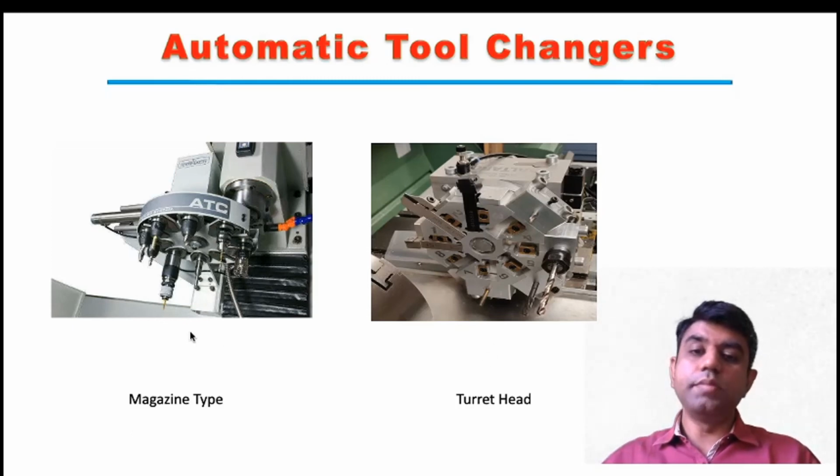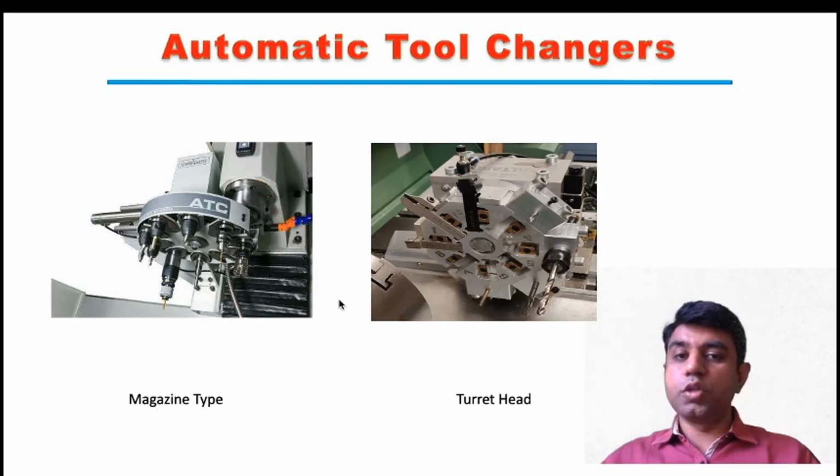Magazine type is very much similar to the revolver we are using. In a revolver we are having a magazine in which you are mounting different bullets. In a similar way we can mount different tools in a particular magazine. It can be 6, 8, 12, that kind of magazines are available. Whenever you write in a particular program, say for example T01, that number tool must be in the cutting operation.